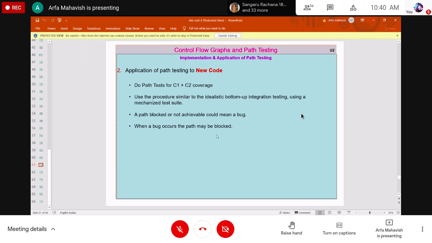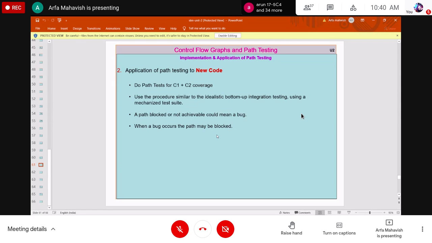So now our next unit is transaction flow. Transaction flow graph and the data flow graph. In the next unit we are going with the transaction flow graph, the transaction flow testing, and the data flow testing. In the transaction flow testing we have the transaction flow and the transaction flow testing techniques.